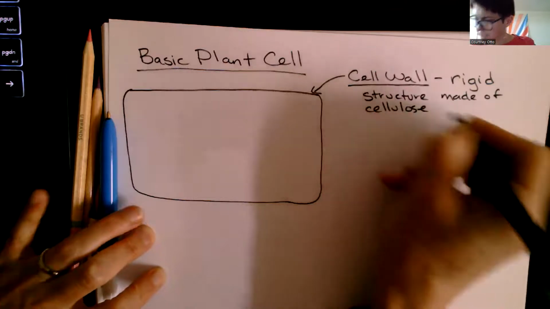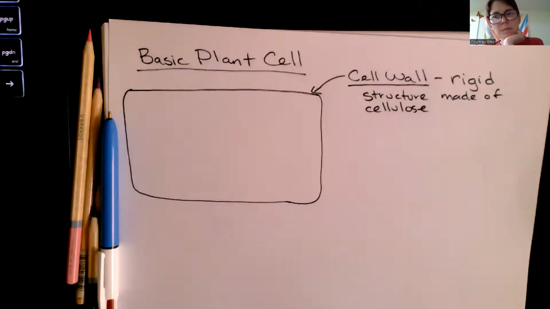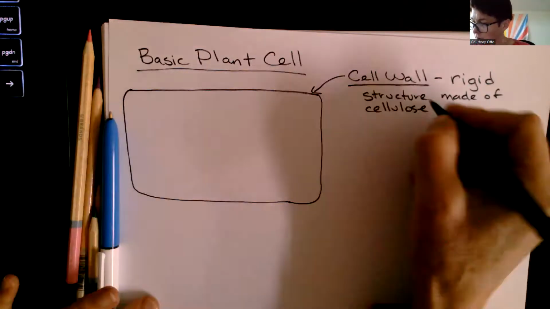And there's some other things besides cellulose there chemically, but cellulose is the main thing. We're going to be talking more about cell walls and cellulose in the coming weeks. But the cell wall, it's going to form the outside, right? And it's going to have some really important functions.